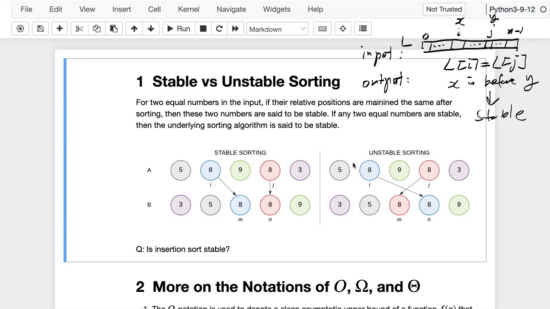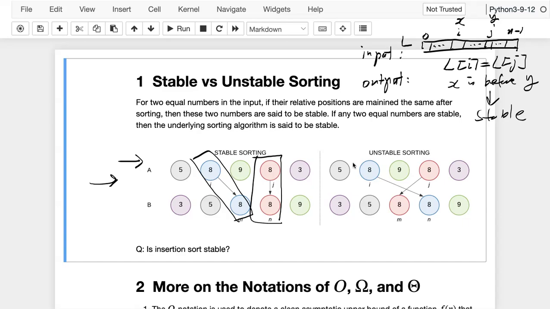So here's an example. This A here is my input. So I have 5, 8, 9, 8, 3. After sorting, I have 3, 5, 8, 8, 9. If this 8 is after this earlier 8, then this is stable. If they have been switched, then they are not stable.